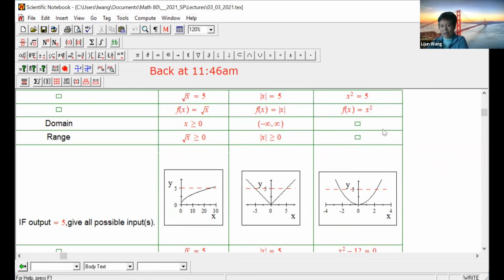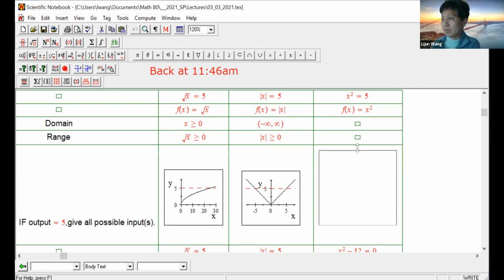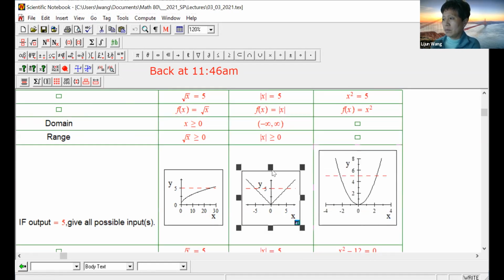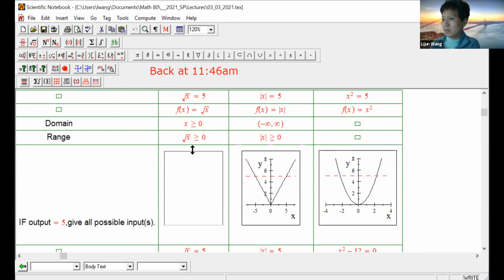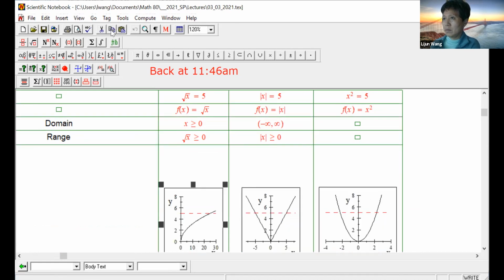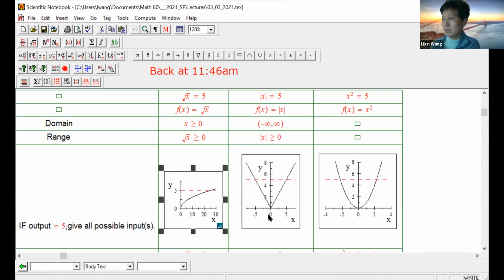What is the domain for that rule? With that graph we did in Alpha 4. Domain and range, go find out, please.